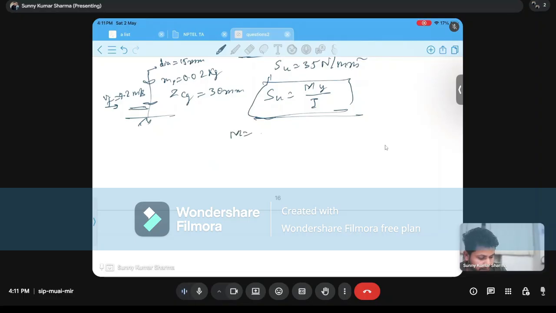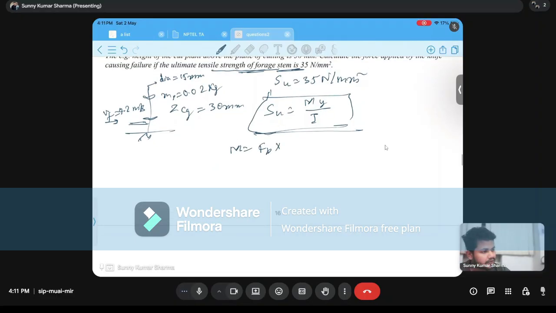Now M will be our FB into the distance at which we are performing the cut, that is the cutting height ZC. M is equal to FB into ZC, and Y is equal to D by 2, where D is diameter.